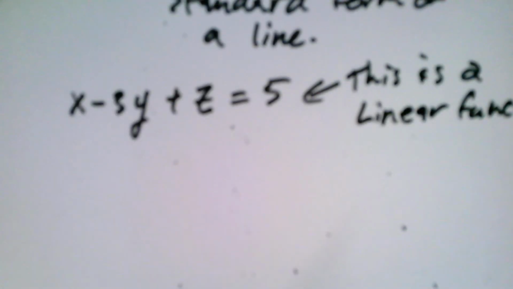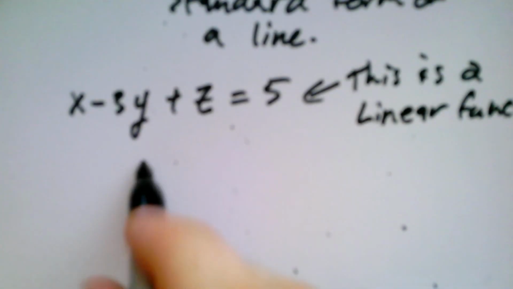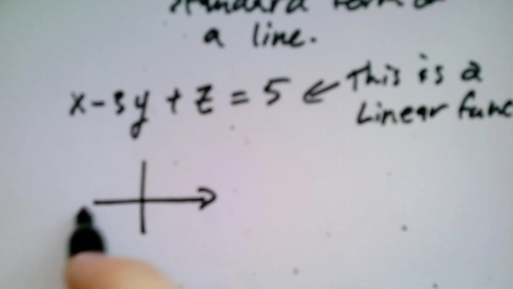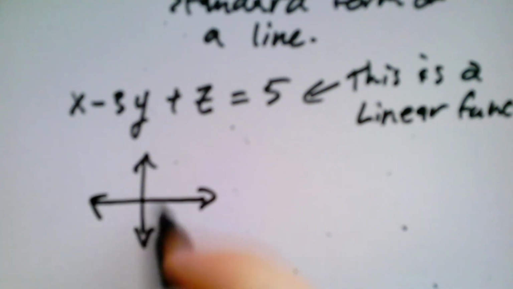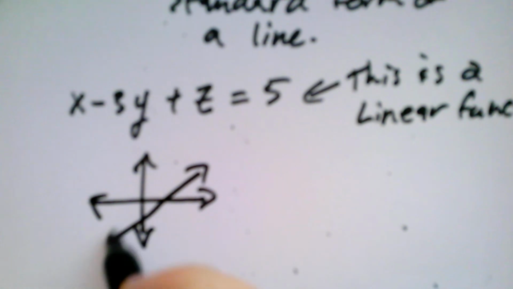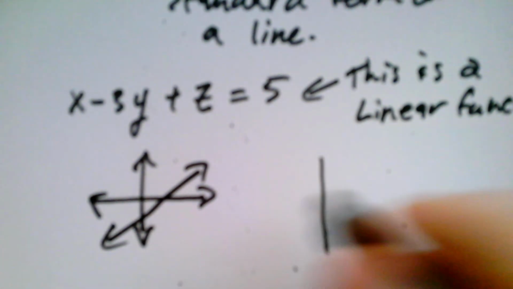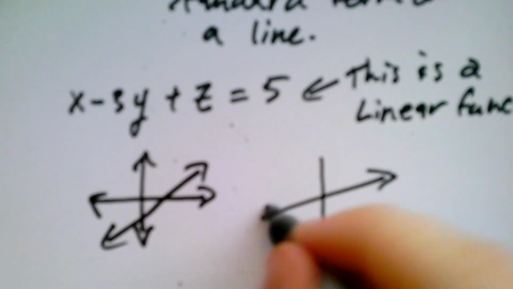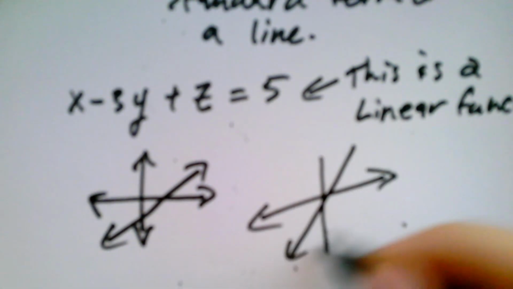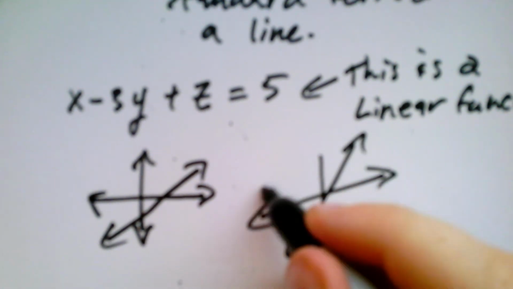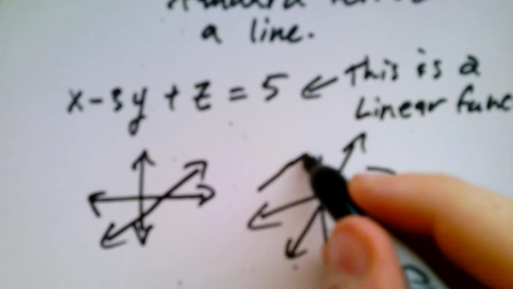And instead of being graphed, our x and y linear functions look like lines like that. Our multivariate linear functions are going to look like planes. So if I can draw a plane, which I might not be able to.